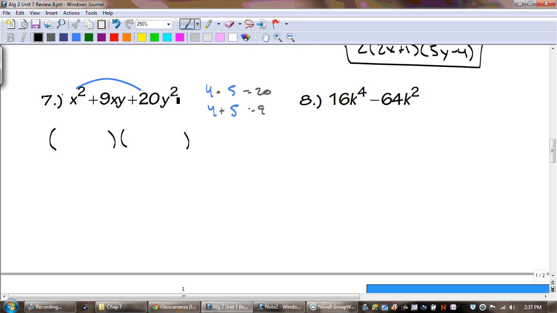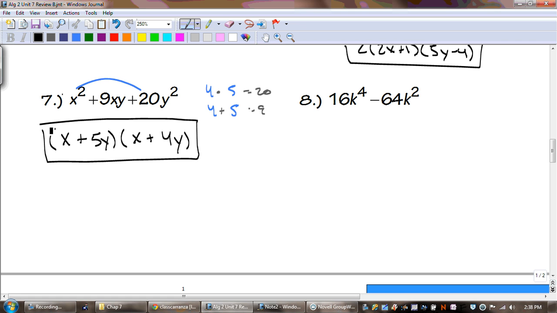So, we know that this is x, and then one of these is going to be a 5, and one of them is going to be a 4. They're both positive, but since this last guy's a y squared, it means that they have to be y. And that's it, guys. It's all that is figuring out the pattern, okay?